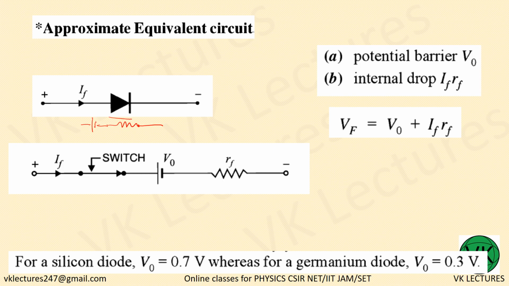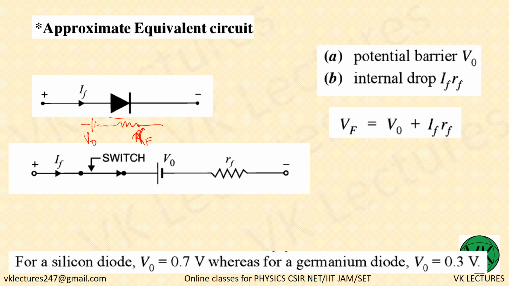Now the approximate equivalent circuit means we will consider both this V naught as well as RF. RF means forward bias resistance; in our circuit you write small letter r just to indicate that it is an internal resistance of the diode.